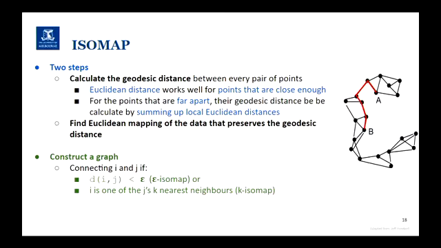Or alternatively, we can say that if i is among j's k nearest neighbors, we connect them. This alternative is called k-isomap. So we have 2 approaches: one, we define a minimum cutoff distance, and the other, we connect all k nearest neighbors. We also set the edge weights to the actual Euclidean distances.